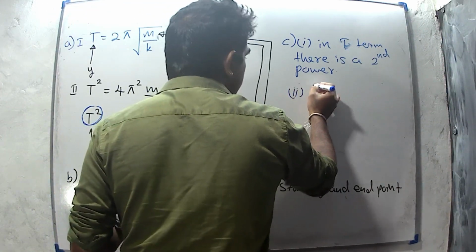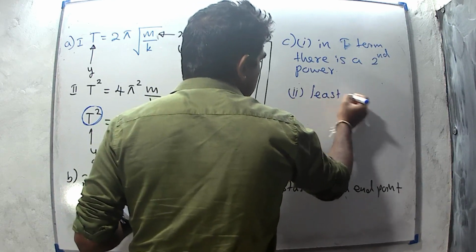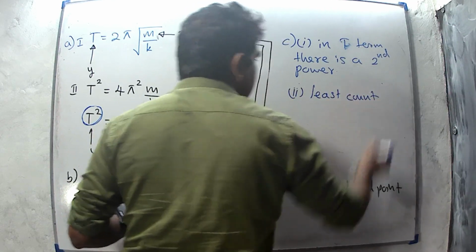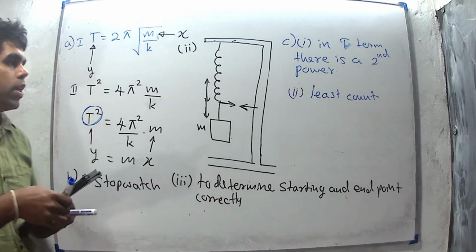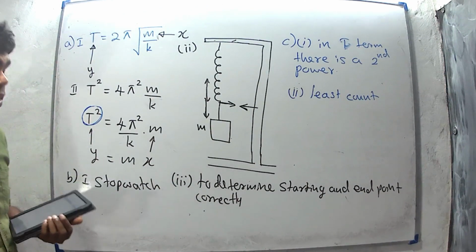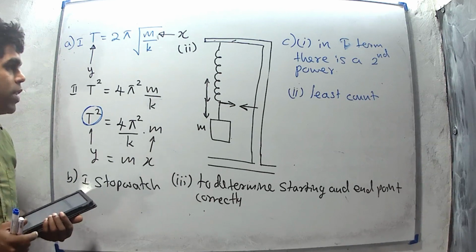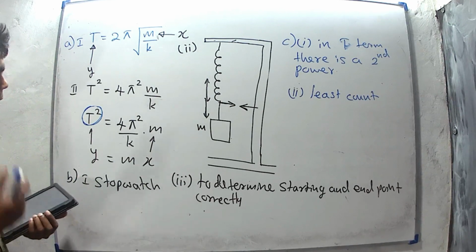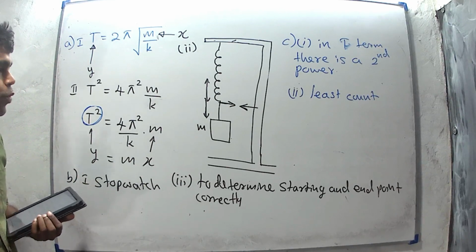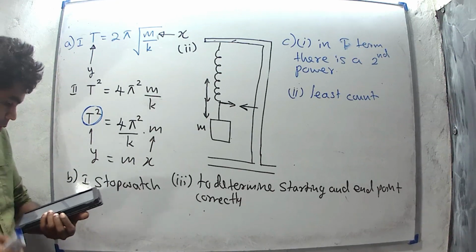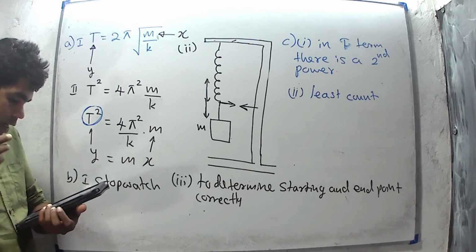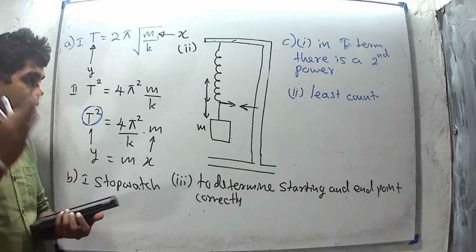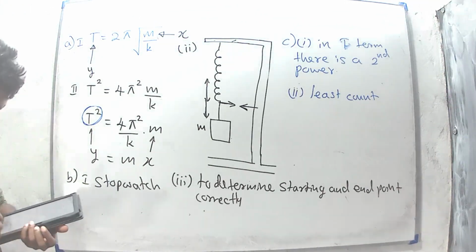Fractional error or percentage error depends on two factors. First one is the least count of the instrument. Second one is the measurement we have to get. Then related to the measuring instrument, the factor is the least count.